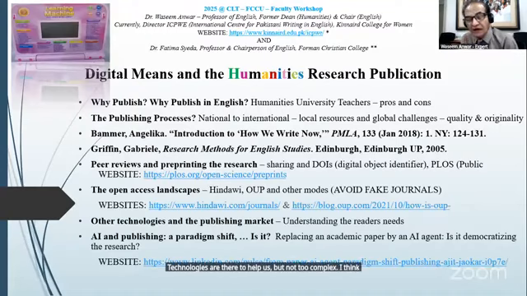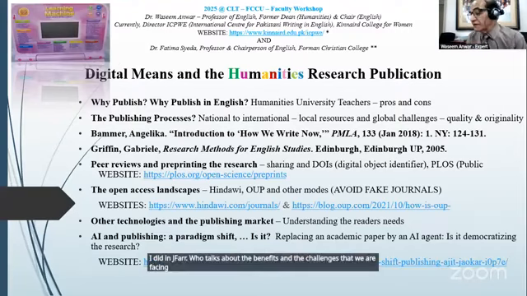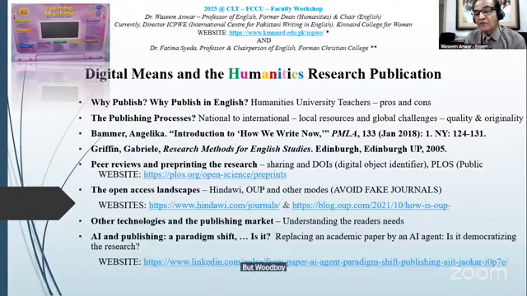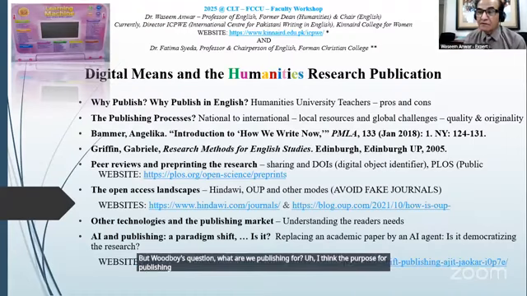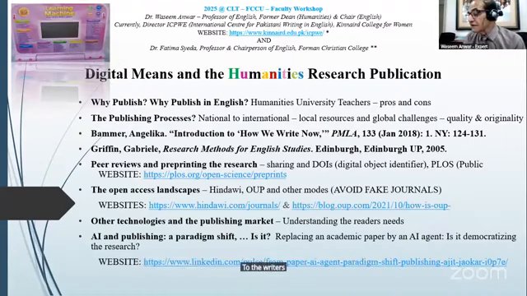I will finally refer to Professor Rootboy's article, which I also forwarded to you for reading, and also this article by Ajit and Jayopar, who talk about the benefits and the challenges that we are facing through AI. But Rootboy's question, what are we publishing for? I think the purpose of publishing must be known to the writers. And that is where I would say all publication has to be meaningful.